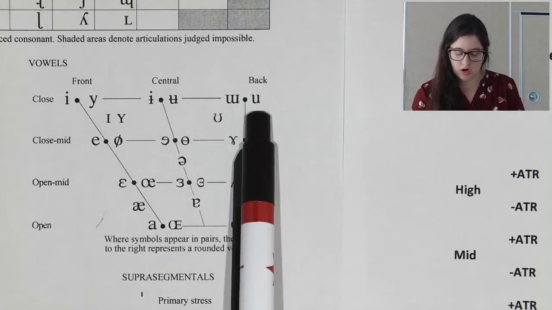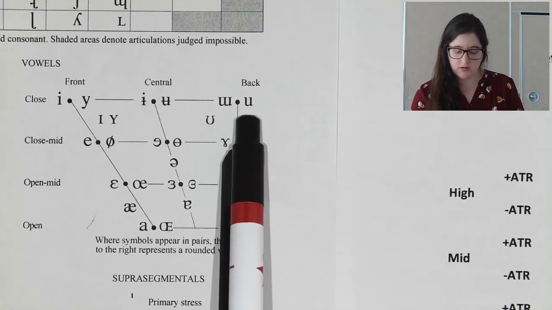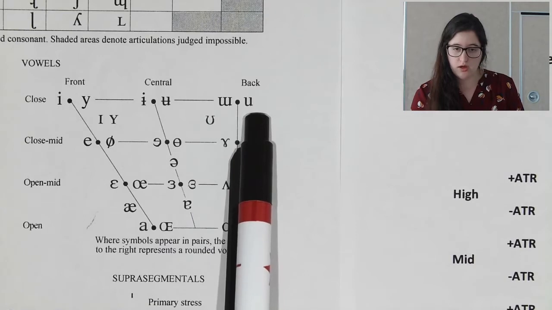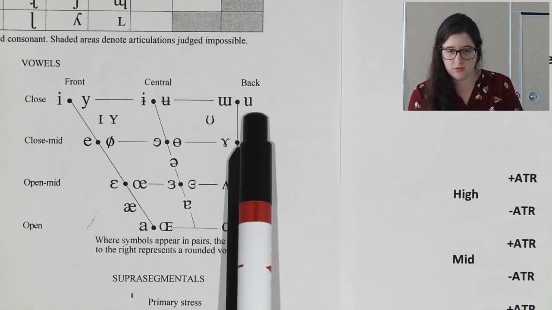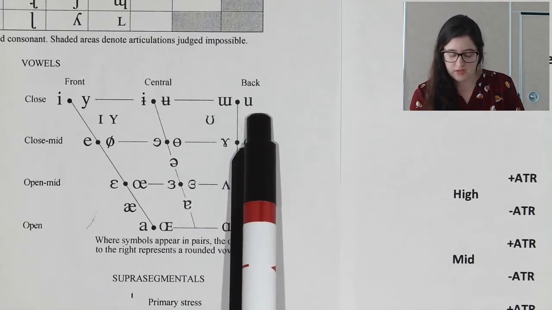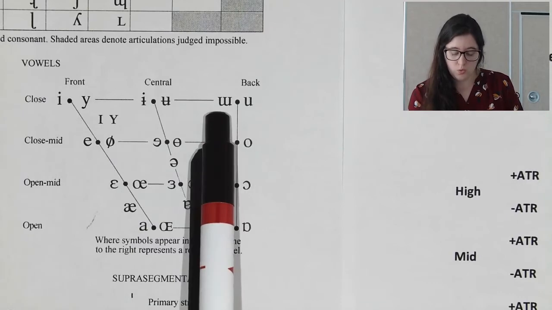If we go to our close back or high back vowels, we have U. That one's rounded, so it falls on the right side of the line. We use the U symbol to represent the U vowel. If you make that one unrounded, so you make an U and then you just smile, keep your tongue in the exact same place and say it again, you say U. Right?